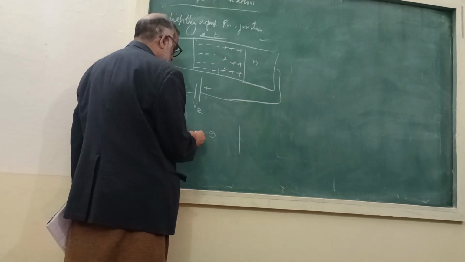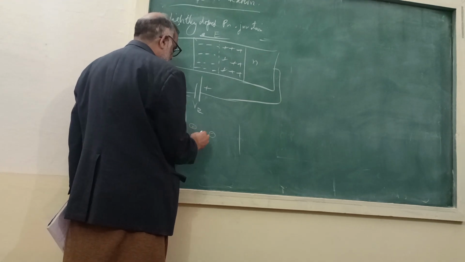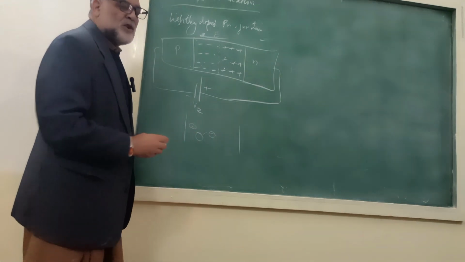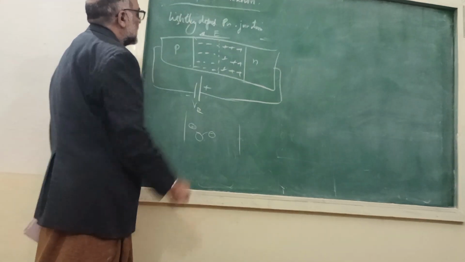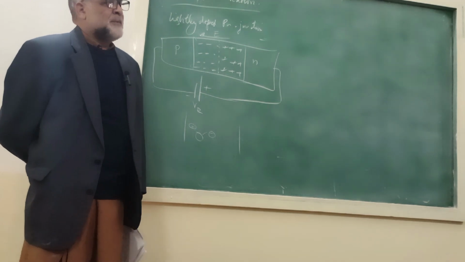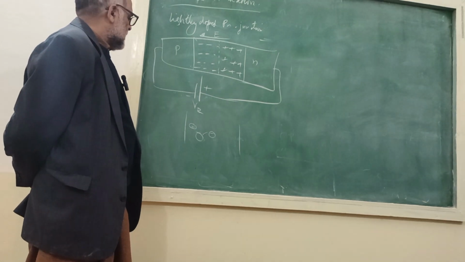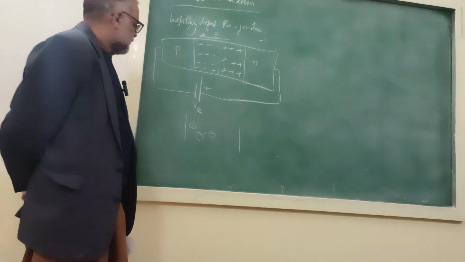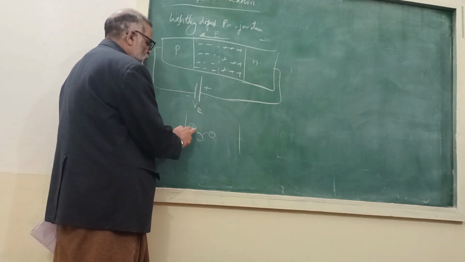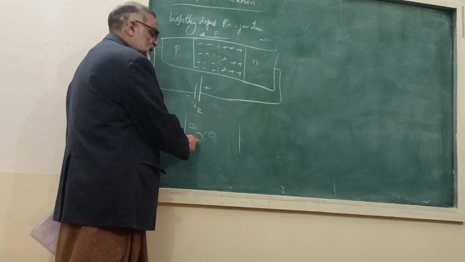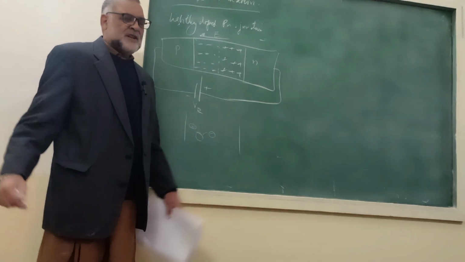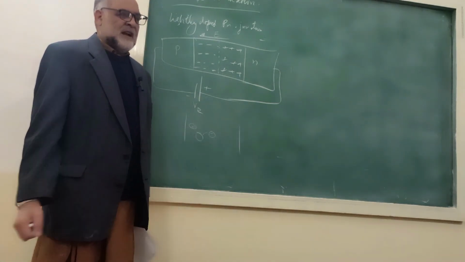So electron and hole pairs are created in this type of breakdown due to the high voltage.